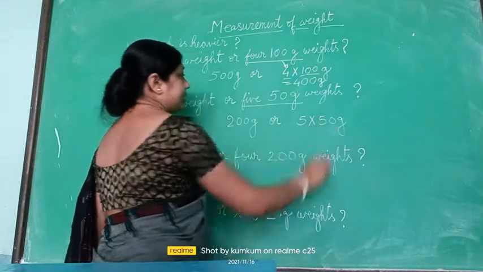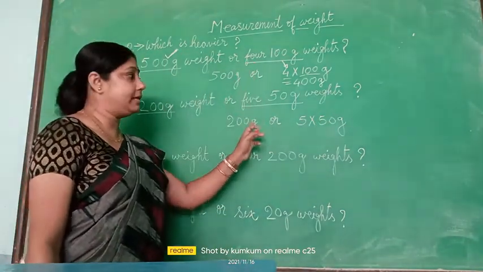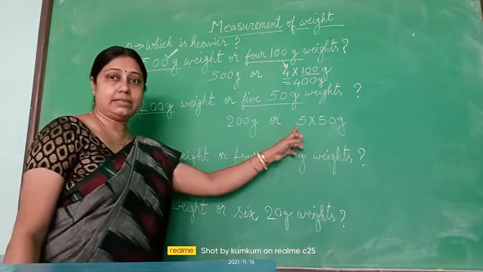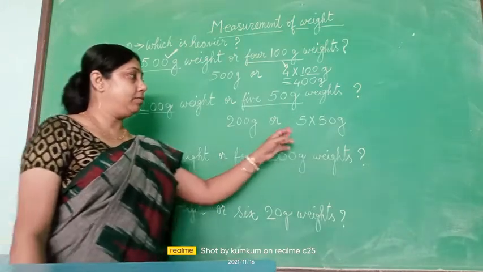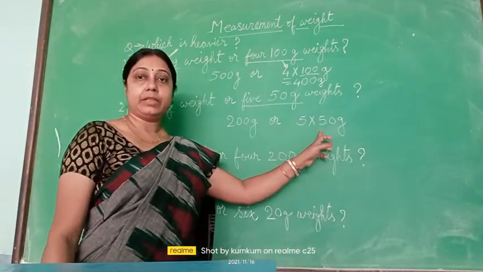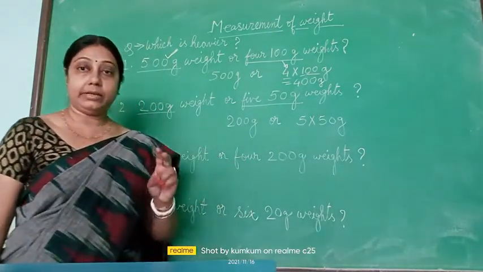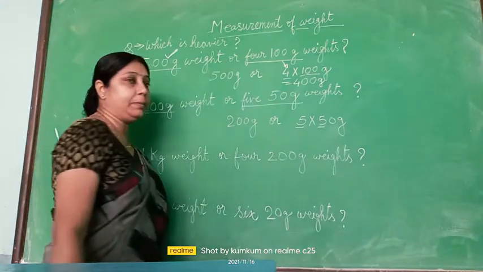Now see, it is written in words here, and here also it is written in words. I have changed it into digits. So it is an easy way to understand. Now 5 times 50, or 5 into 50. So 5 5s, I will multiply only the digits. So here I am underlining and only multiplying the digits.